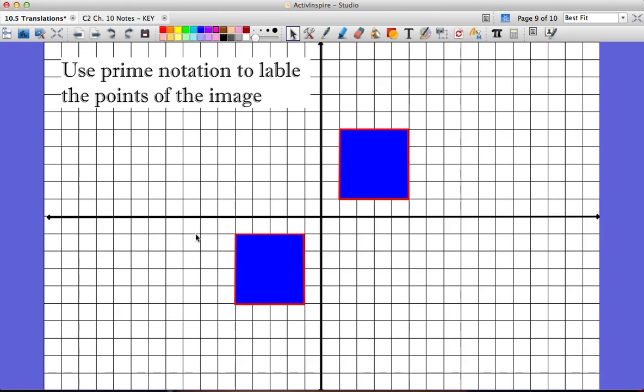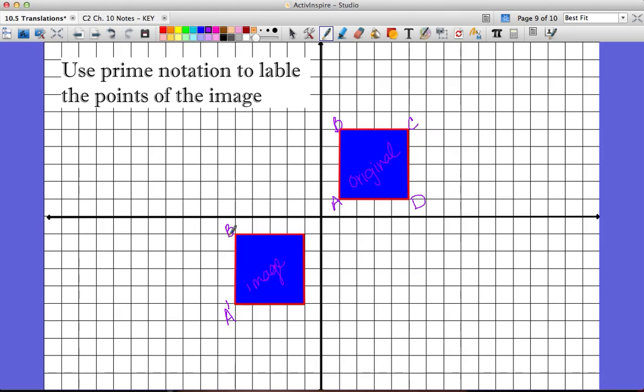All right, so now we're going to talk about what that prime notation would look like. So if this is the original, and this is the image, and we say that this is point A, B, C, and D, then this down here is still going to be A, but it's going to be A prime.